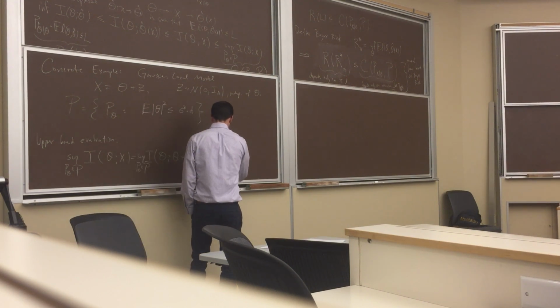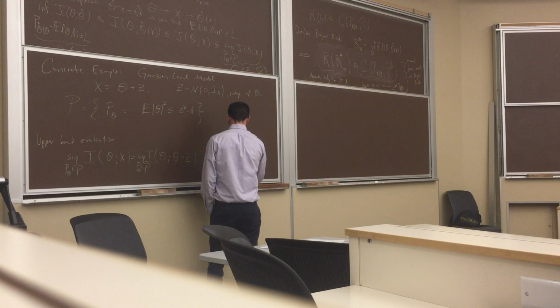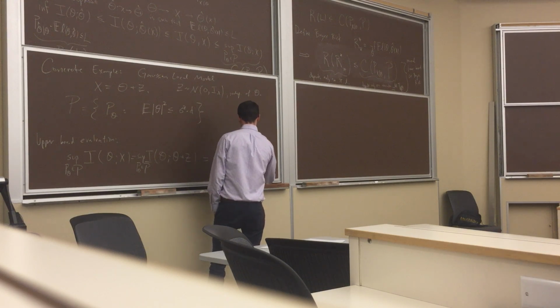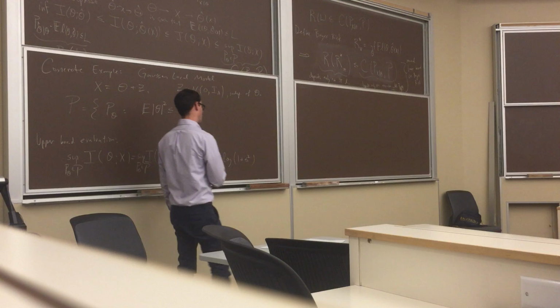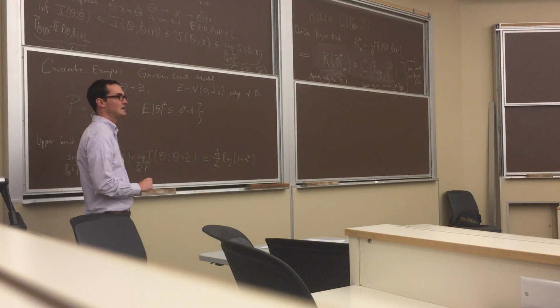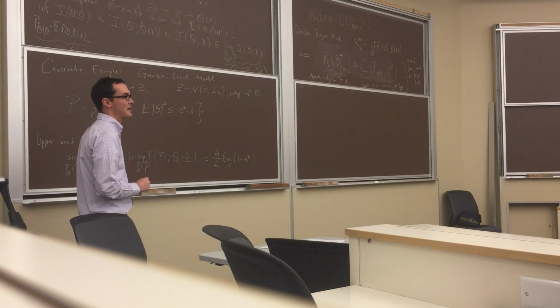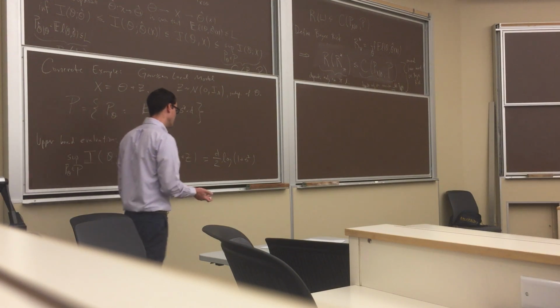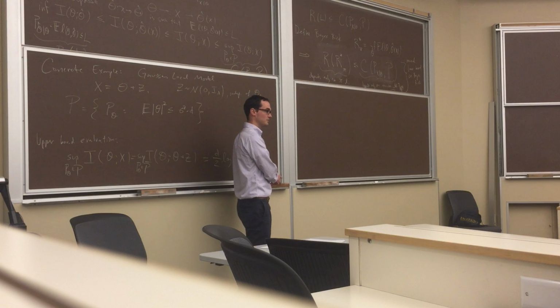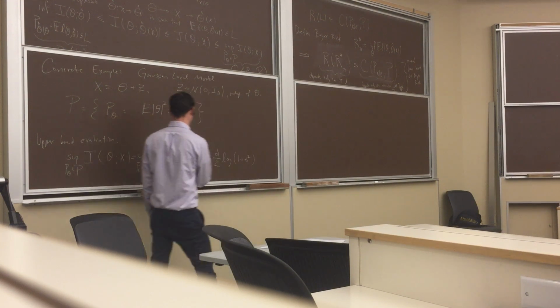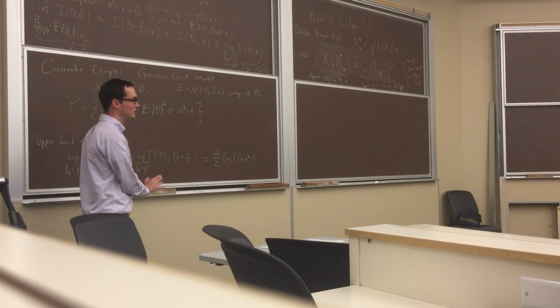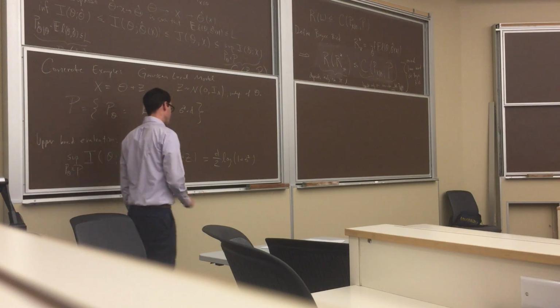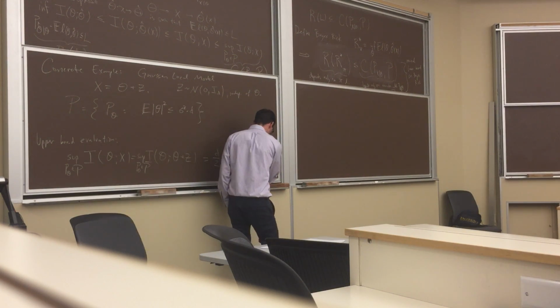This will be precisely d over 2 log of 1 plus sigma squared. Take d equals 1, for example. We saw the capacity of the Gaussian channel is log of 1 plus SNR. That's precisely the formula that we're recovering here. It's the same thing. Just use the fact that Gaussian maximizes entropy subject to a second moment constraint, and you're good. So that is the evaluation of the upper bound.